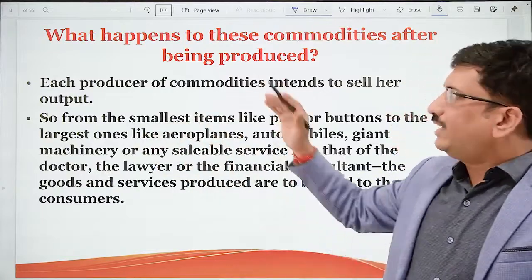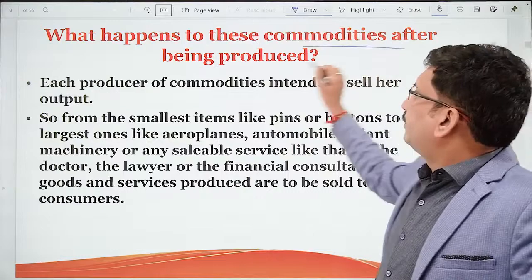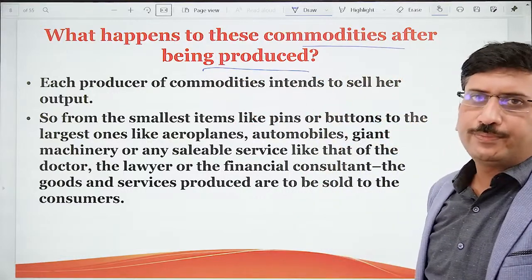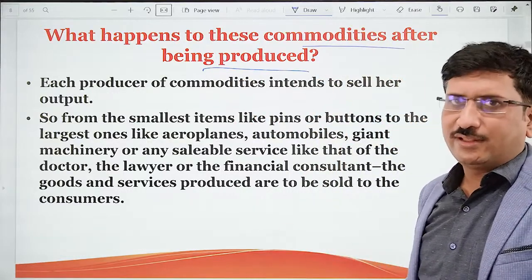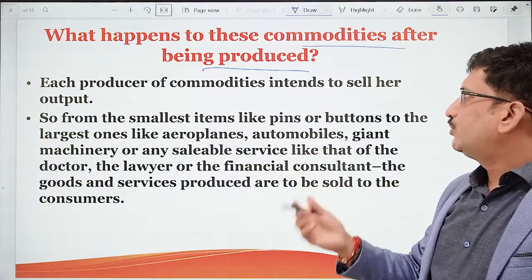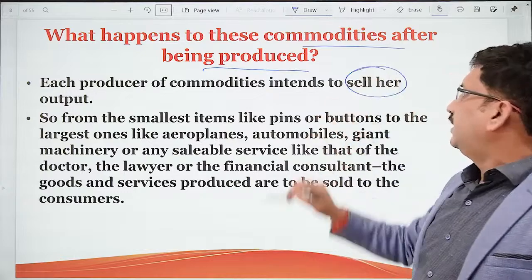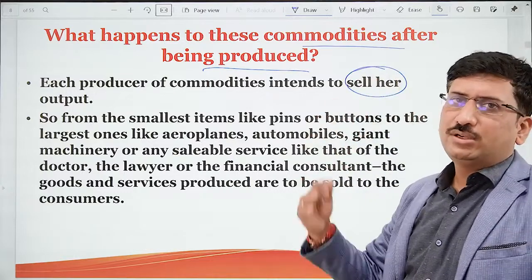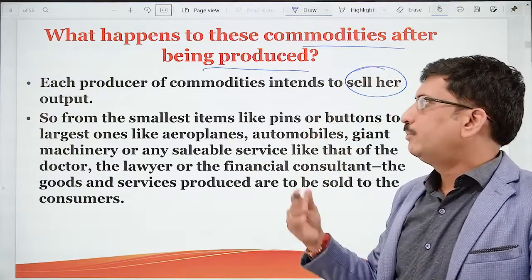So what happens to these commodities after being produced? That is the next question. Everyone knows that it is not rocket science. After it is produced, basically it is sent for selling to the market.